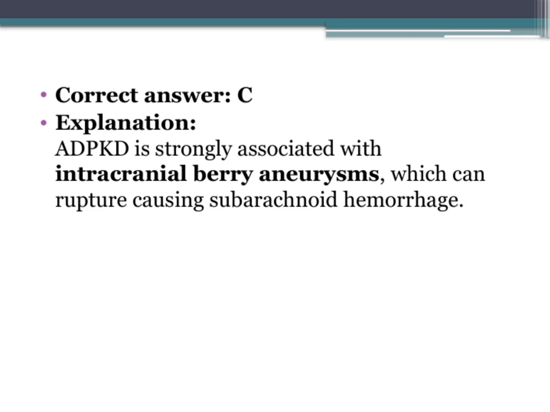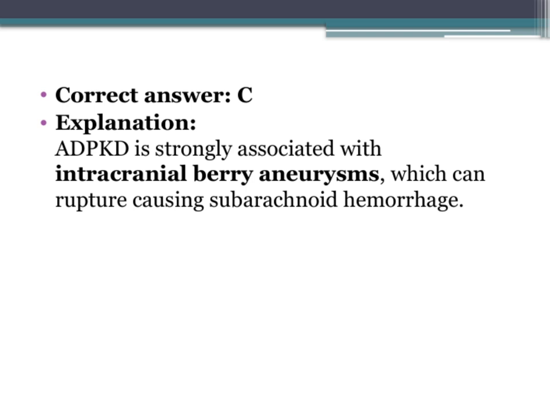Autosomal dominant polycystic kidney disease, or ADPKD, isn't just limited to the kidneys. It has strong associations with intracranial berry aneurysms. These aneurysms are small, saccular outpouchings that typically occur at arterial bifurcations in the brain. The key point is that these aneurysms can rupture, leading to subarachnoid hemorrhage, which is a serious and potentially life-threatening complication.